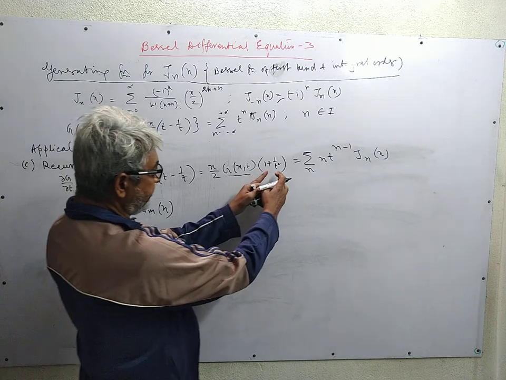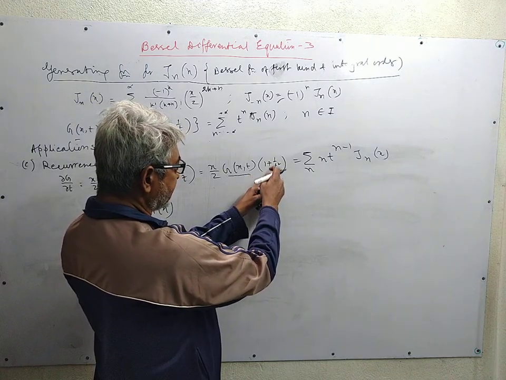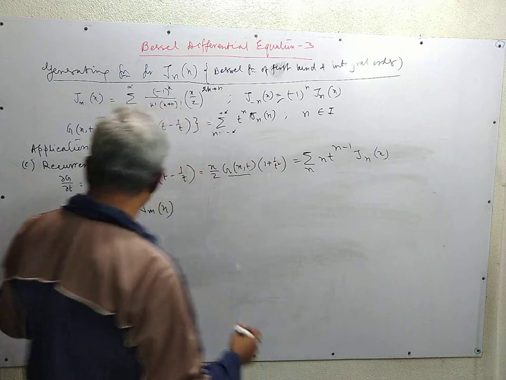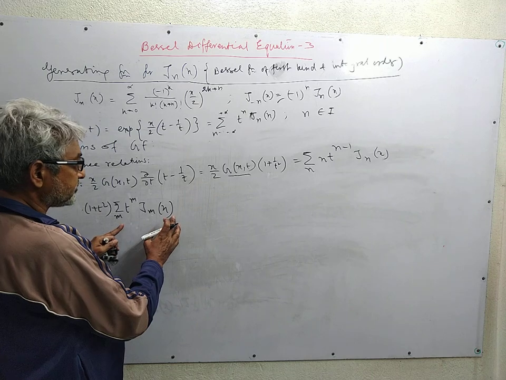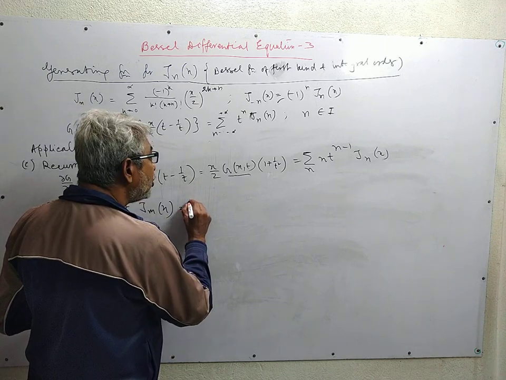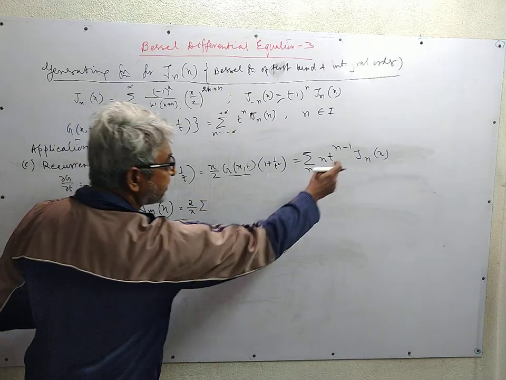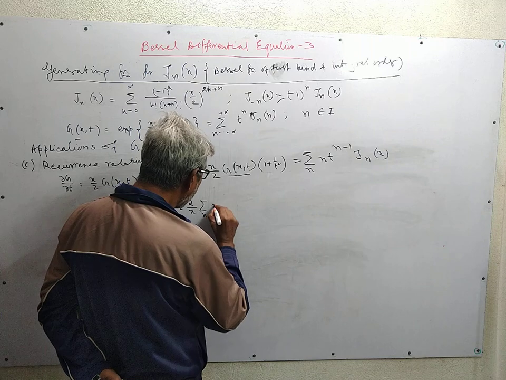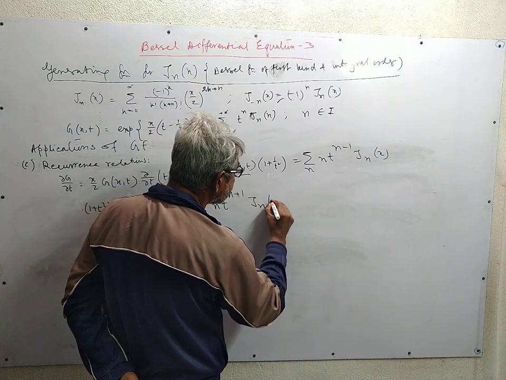With t taken common in the denominator, it is 1 plus t squared. 1 plus t squared is multiplied with this, and for g of x,t we write this expression, and the other thing is 2 by x times t squared multiplied to this. So sum over n t to the power n plus 1 jn of x.